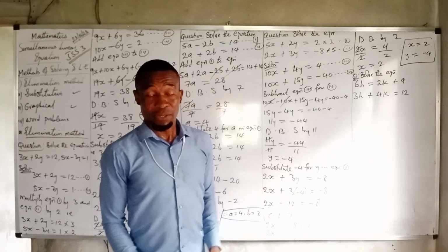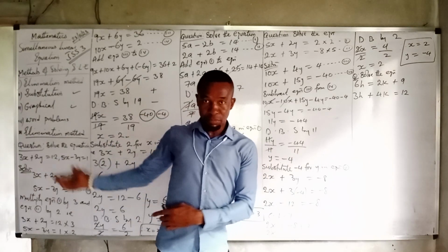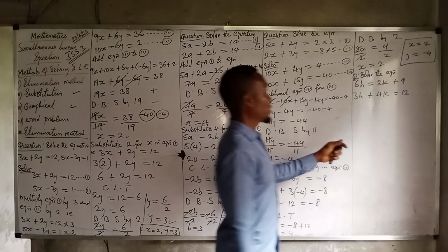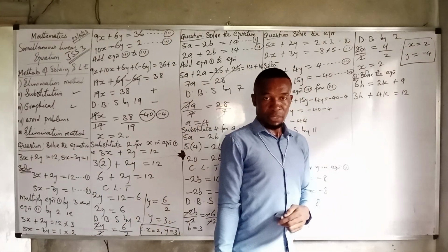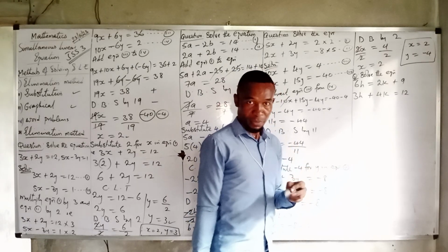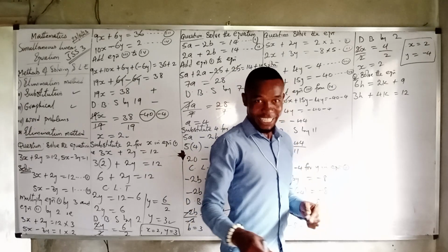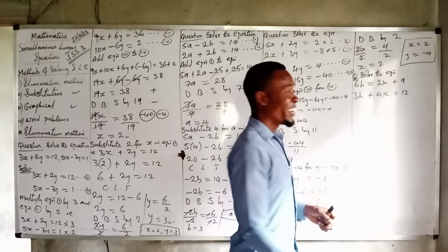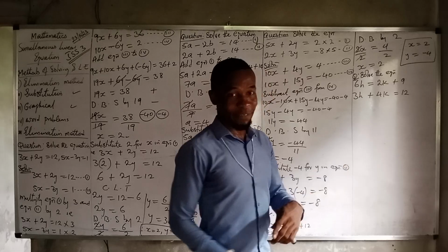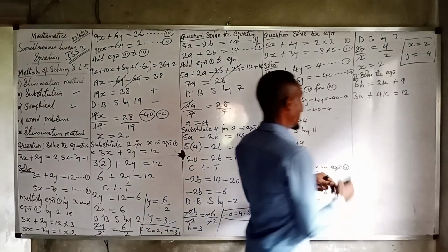When it's scattered, you rearrange it to be like the ones you have been solving, so you'll be able to solve it. In alphabetical order, A, B, C, D, E, F, G, H, I, J, K, H comes before K.